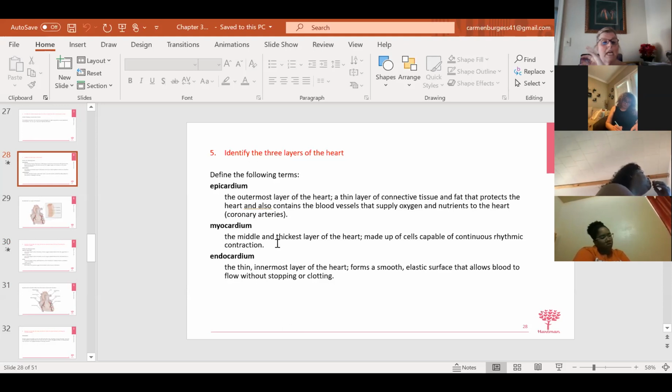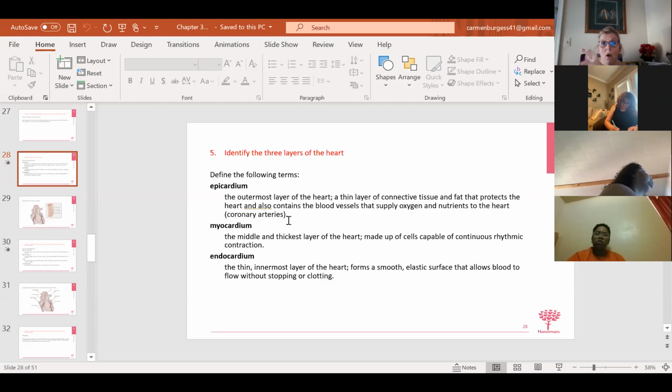And then the inside of the heart, this third layer, is made up of smooth, elastic tissue. Why do you need it smooth? Why do y'all think it needs to be smooth? To allow for blood not to clot. It allows the blood to move through slowly.